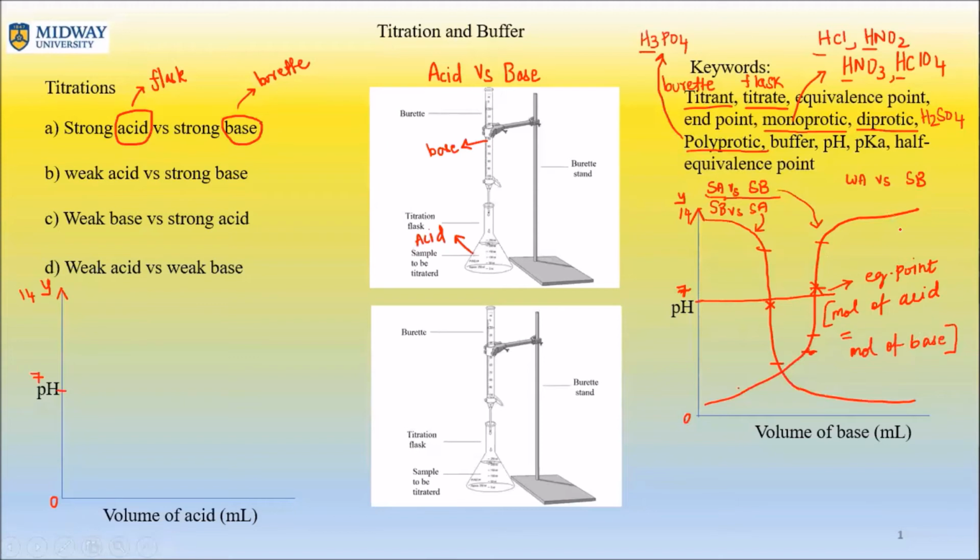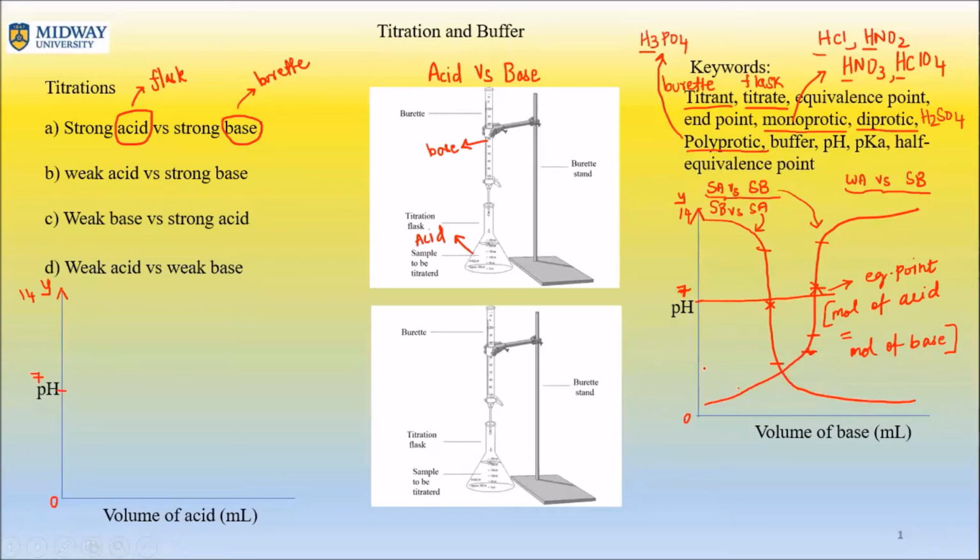Now, if you do the same for weak acid versus strong base, the inflection point, which is the flat portion, is very small. The moment you see it small, then you know one of the components is weak, and if it is going this way, then your acid is weak. And when we come back here, I'm going to show the weak base just to reinforce the concept.